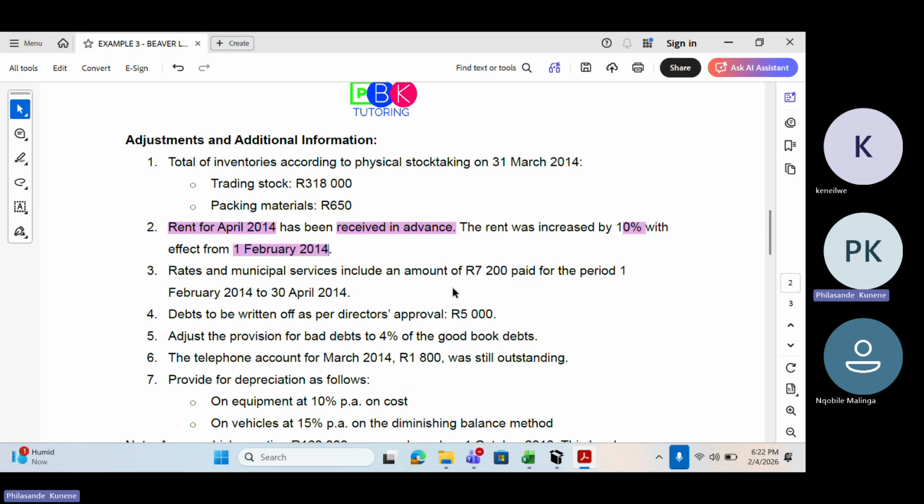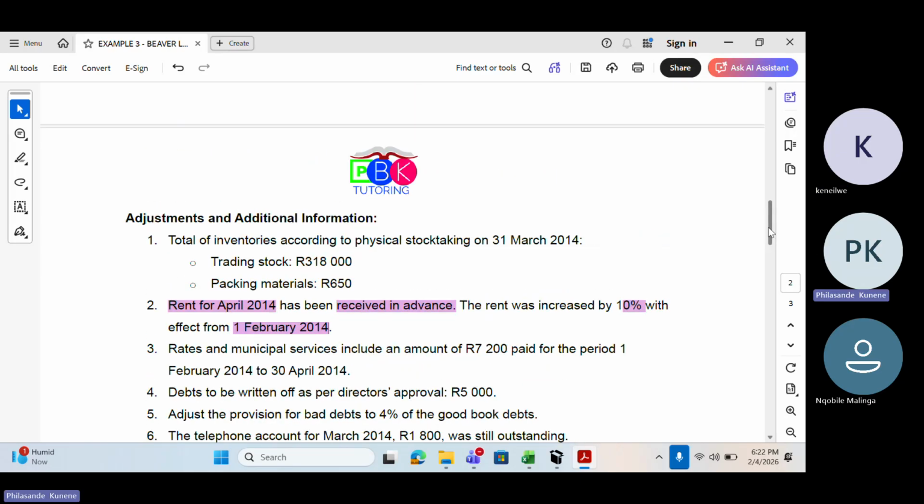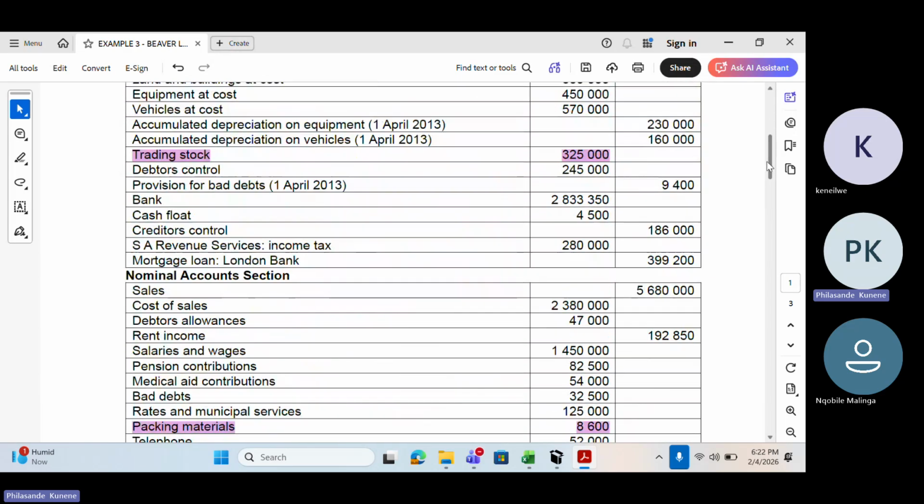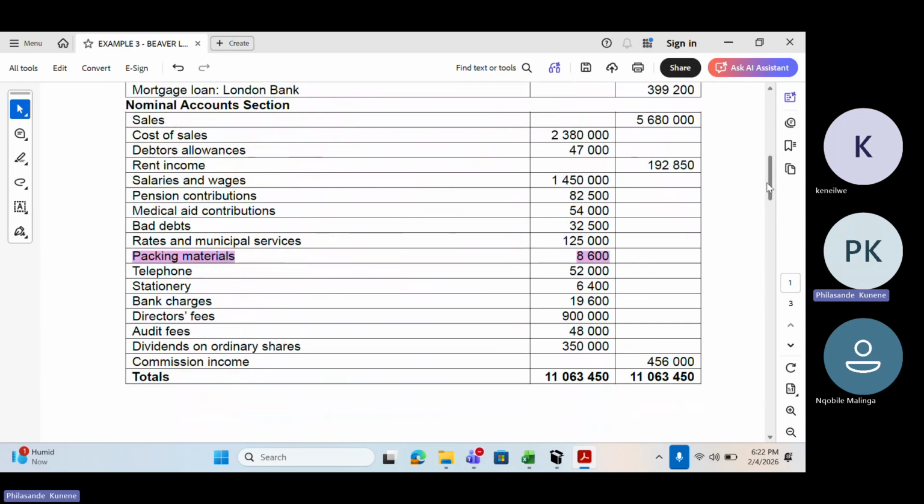Kinelwe, this is yours. Go to the trial balance. And then you write down 192,850.